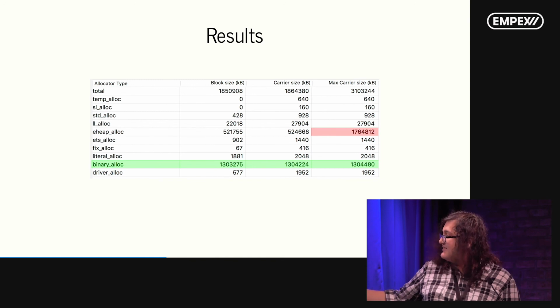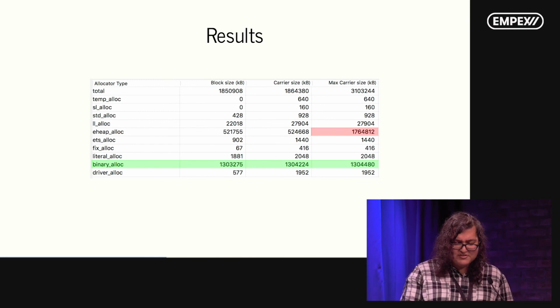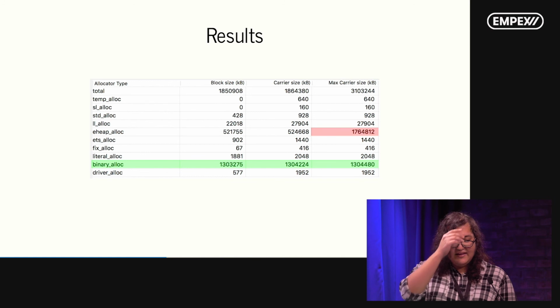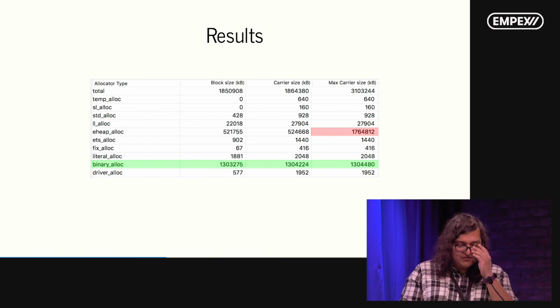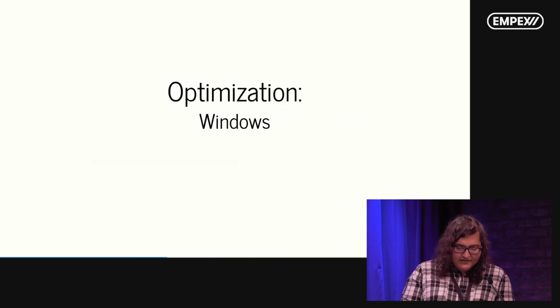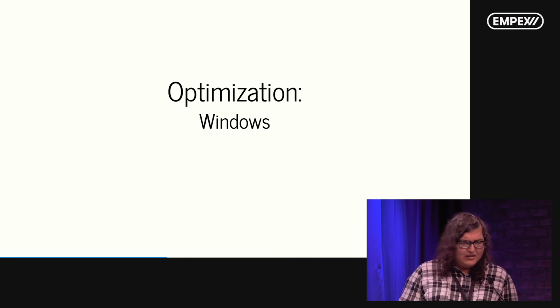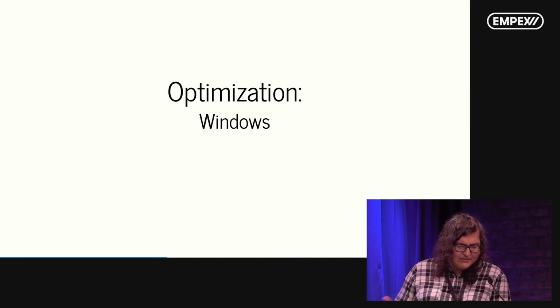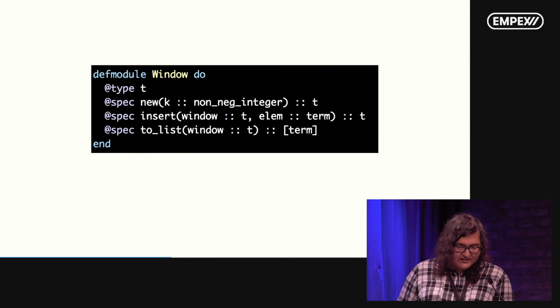But we still have this huge size of a list. And that's because at the end of it, we're still aggregating a giant list of the end results before we sort it and then return the top k. So I created this thing that I'm calling a window. It's just a heap with a bounded maximum size.